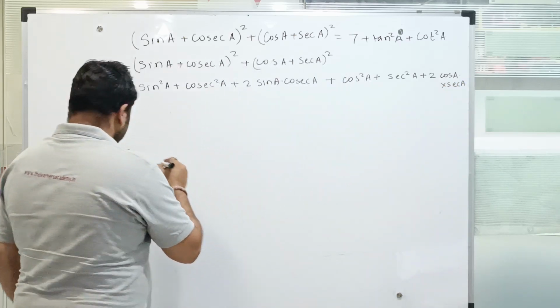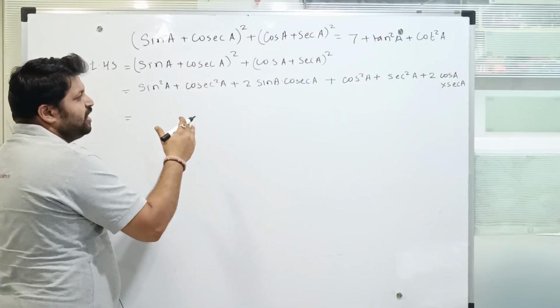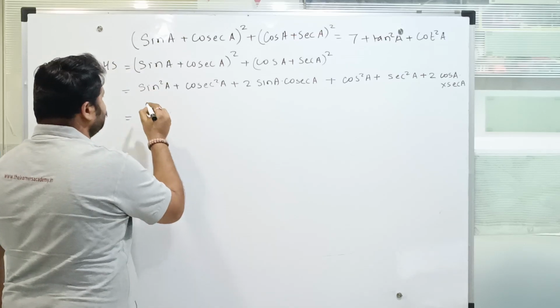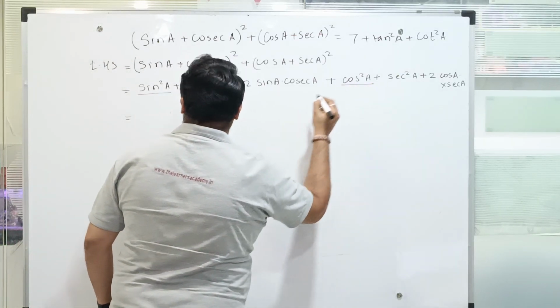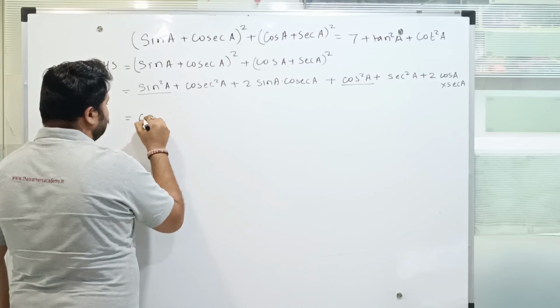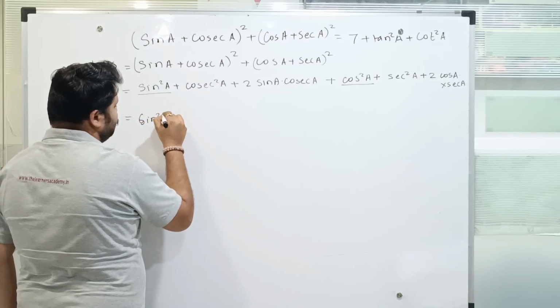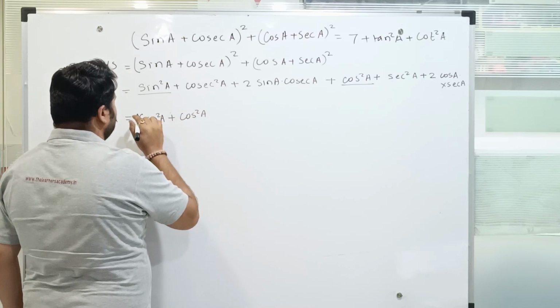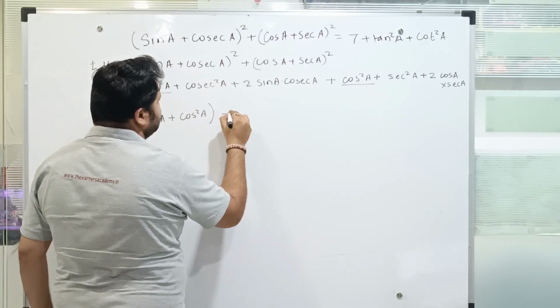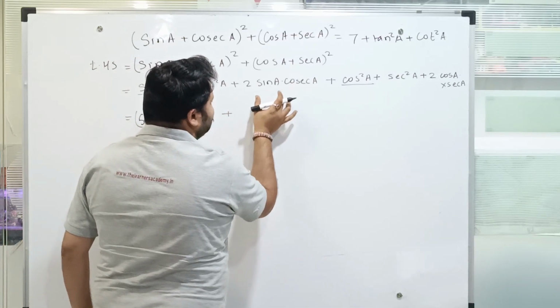Now we can certainly rearrange the terms. So I have a sin square A here and a cos square A here. I will separate them out: sin square A plus cos square A. Then I will further separate these out.